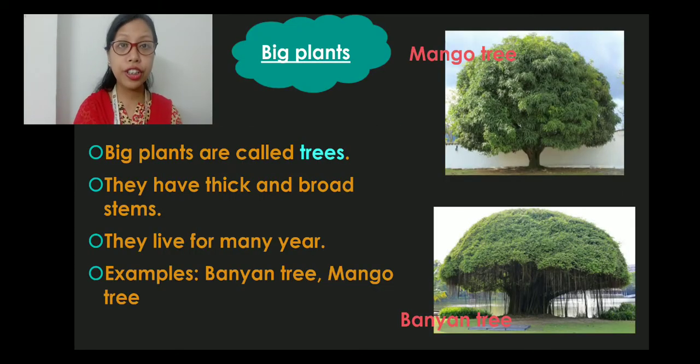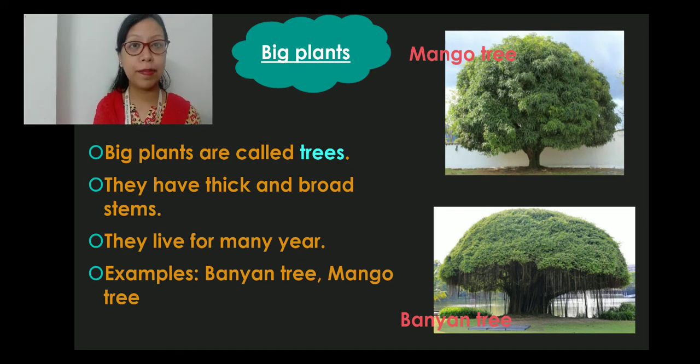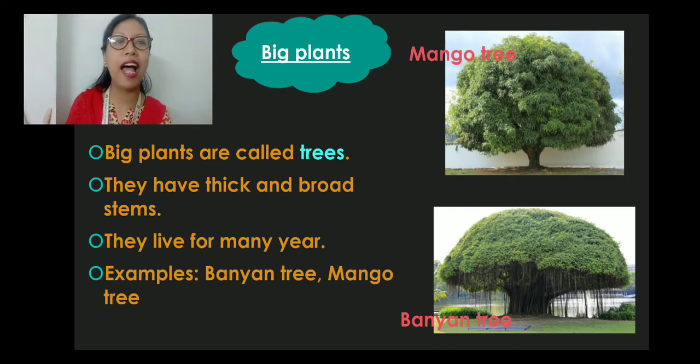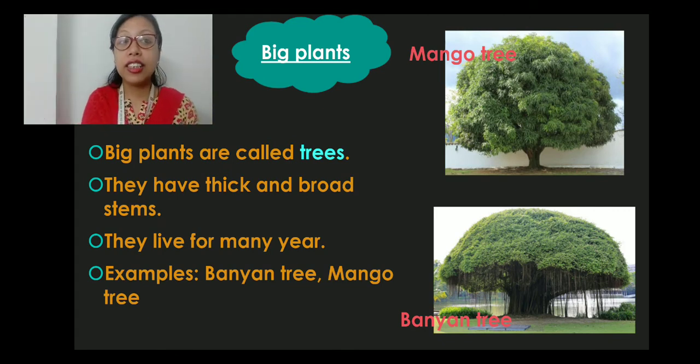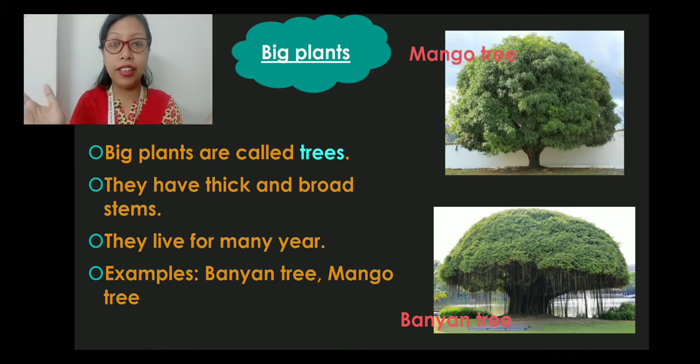Now first we are going to discuss the big plants. So what are big plants? Big plants are called trees. Remember this one. Big plants are called trees. As they are big, they will have a thick and broad stem.